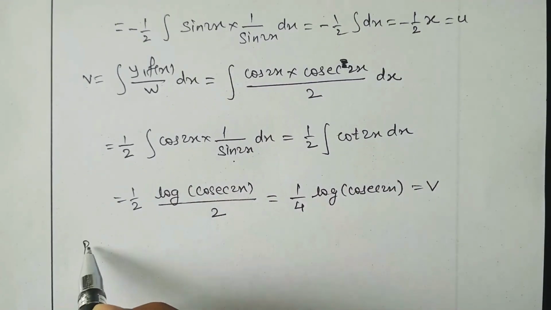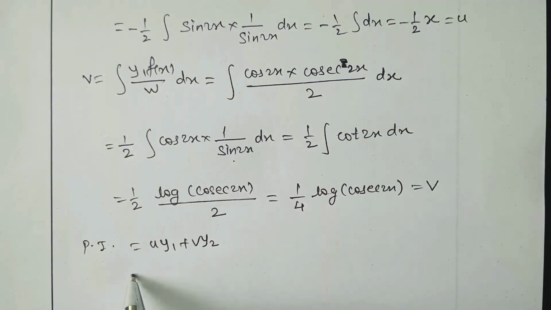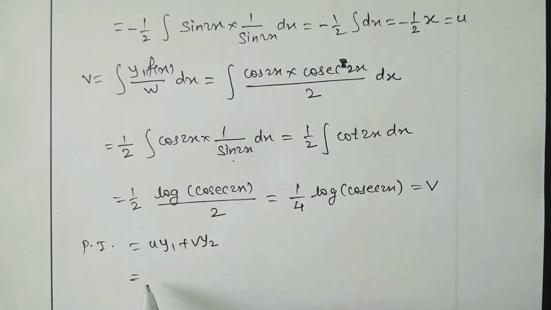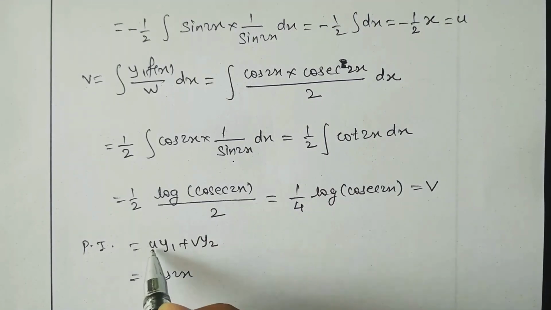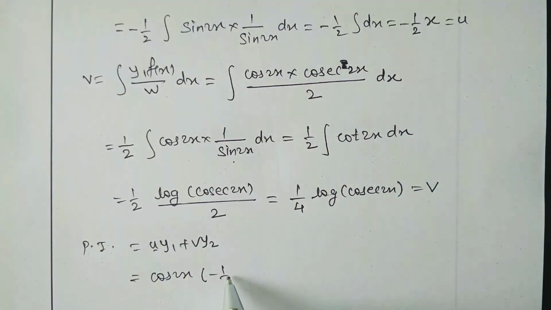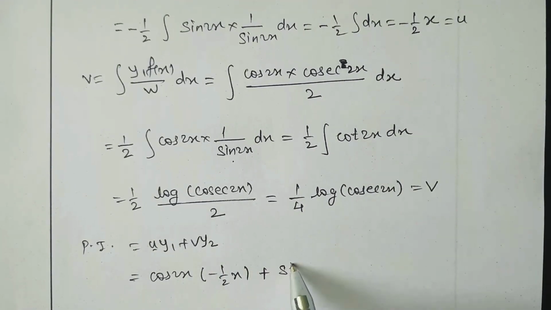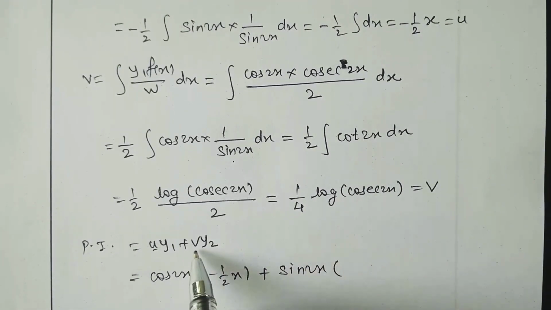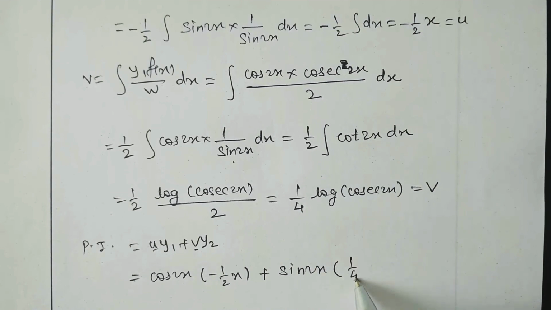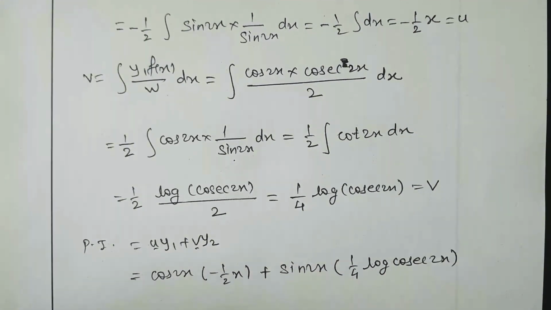Therefore our particular integral is u y1 plus v y2. Putting all these values, the value of y1 is cos 2x into the value of u, which is minus 1 by 2 x, plus the value of y2, sin 2x, into v, which is 1 by 4 log of cosec 2x.